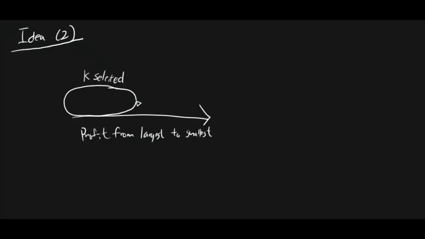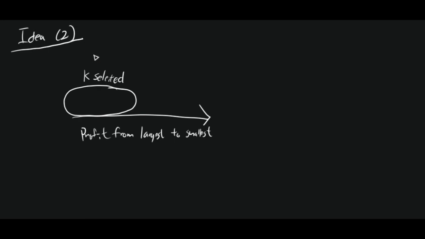So let's take a look at this diagram. We iterate all the items from the largest to the smallest. Again, the profit is the first value of the pair. And we have picked k items already. Now, we have picked k items, but it doesn't mean that the distinct count is k.